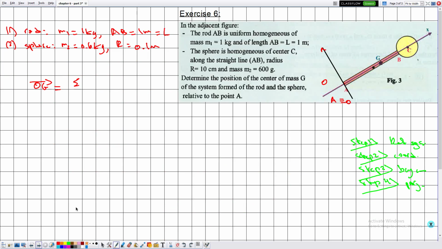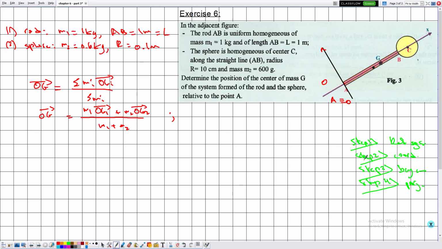Now I runs over the number of bodies that we have, so OG is equal to M1 OG1 plus M2 OG2 divided by M1 plus M2.